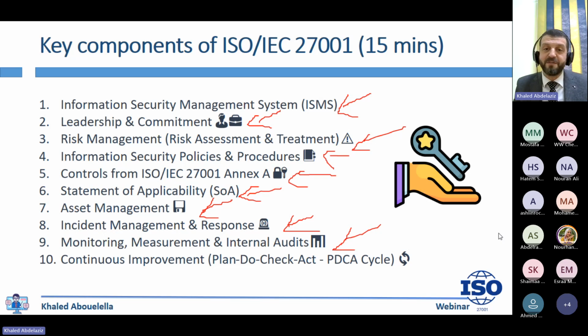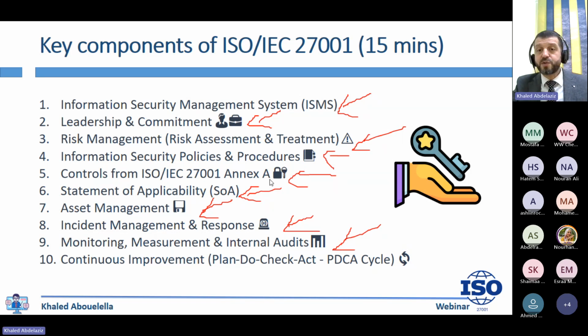So you need to have KPIs to continually monitor not just the efficiency of the implemented controls and performance and so on. No, I'm talking about the effectiveness of the information security management system, the effectiveness of the implemented controls mentioned in the statement of applicability.